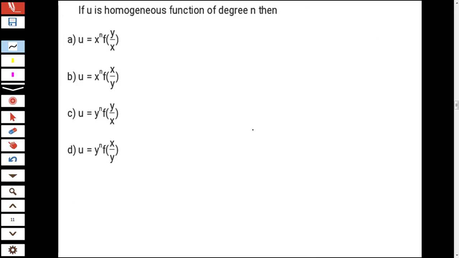Now most important thing, that is homogeneous function of two variables particularly.